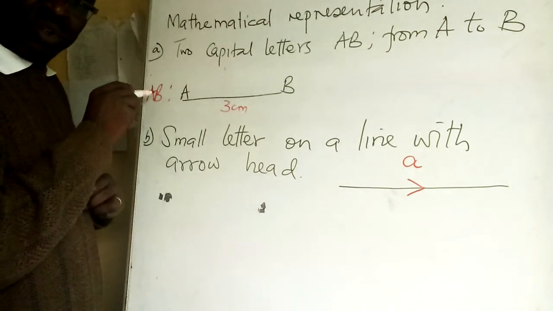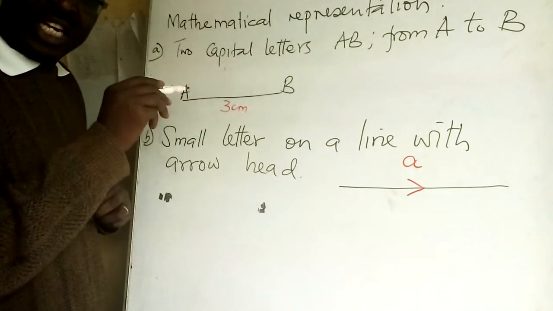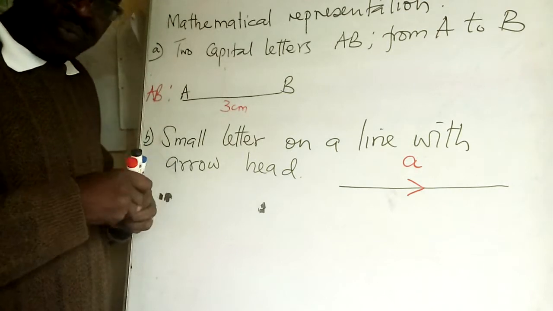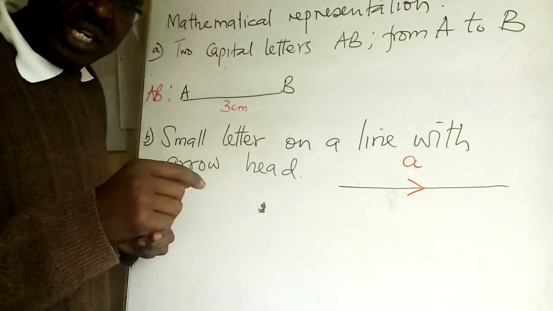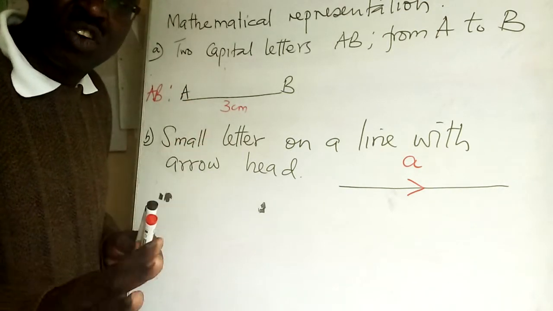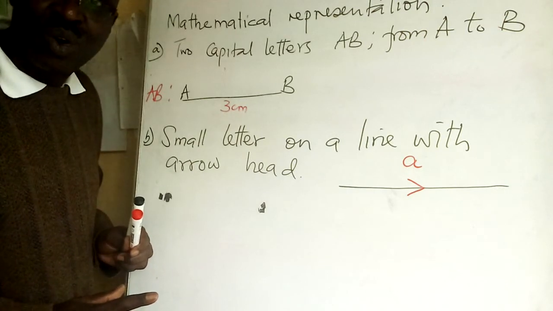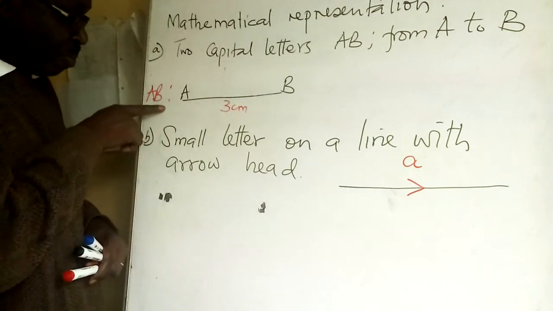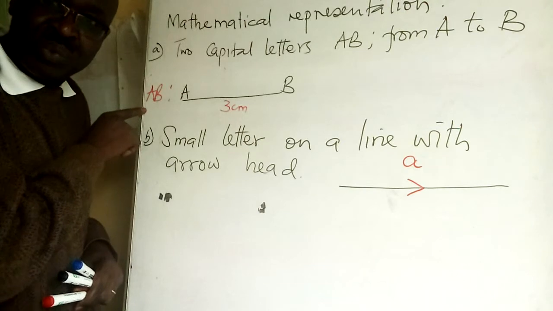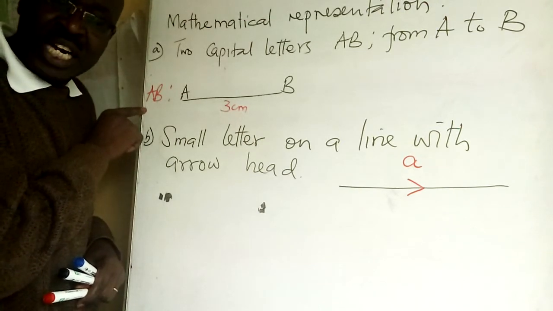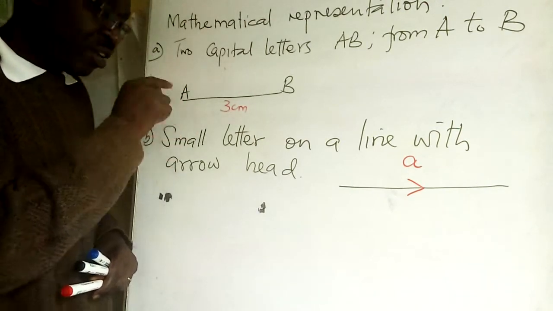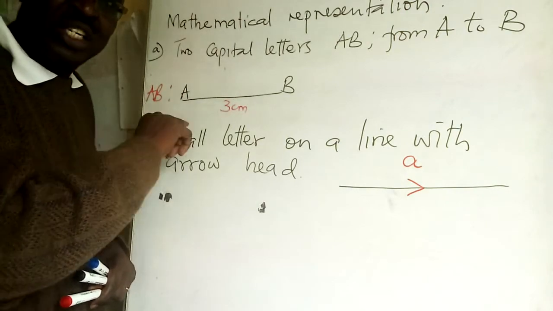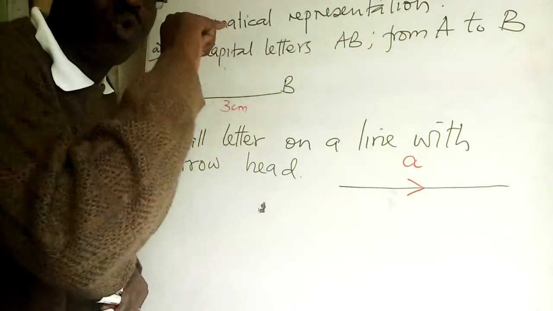If I told you draw AB 3 centimeters, that now is a vector quantity, because AB has been described using 2 capital letters, and you start from A, you measure 3 centimeters to B.